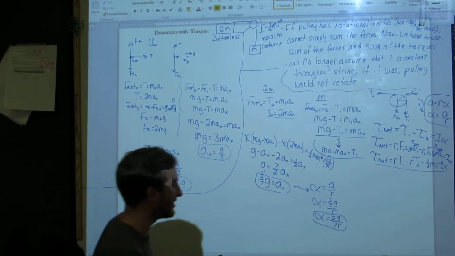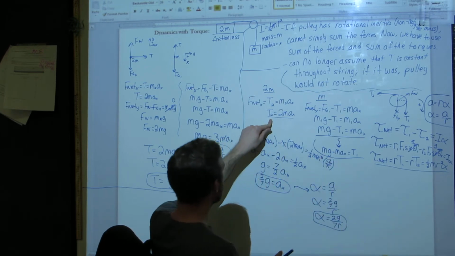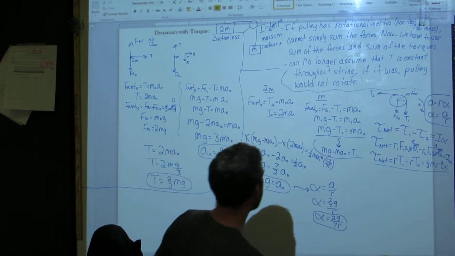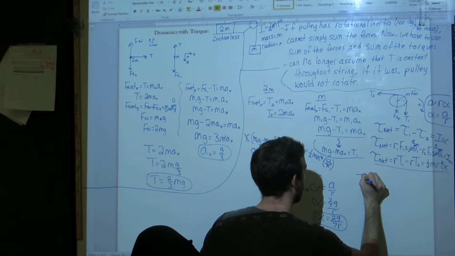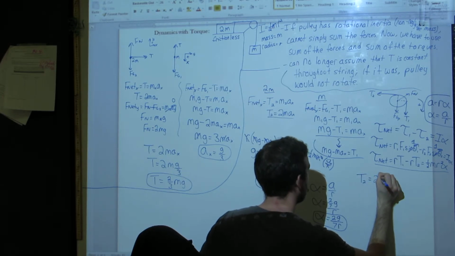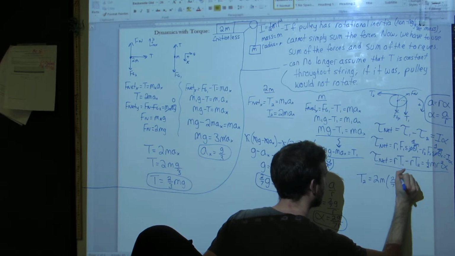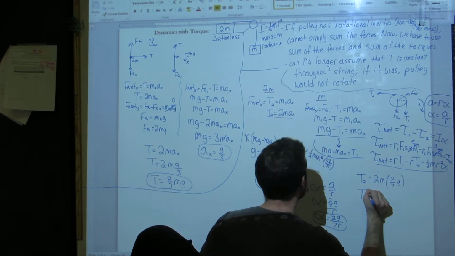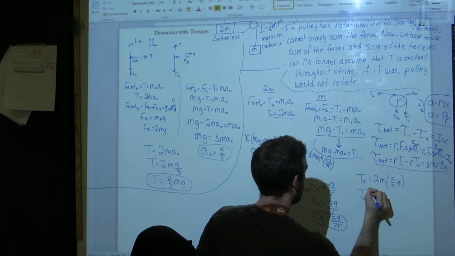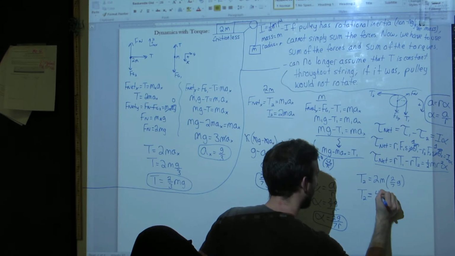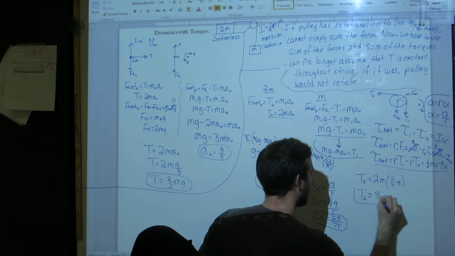Finding tensions is pretty easy. I know that T2 is 2 times m times AX. 2m, AX was 2/7 times G. The T2 up here is now, let's see, 4/7 mg.